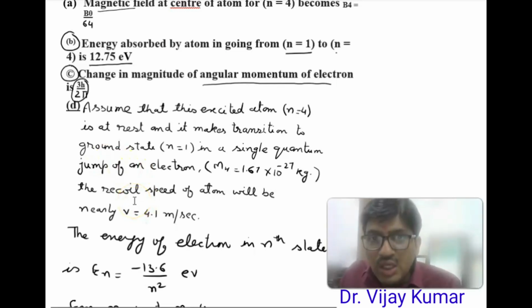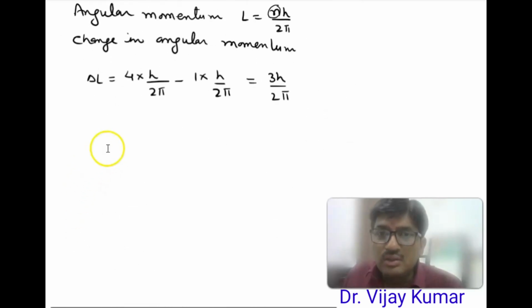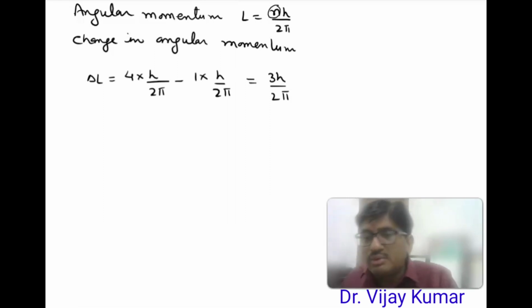So maybe A or D are also correct answers. We will solve again for the other options. We know that the atom will emit a photon with energy, in the first option, 12.75 electron volt.